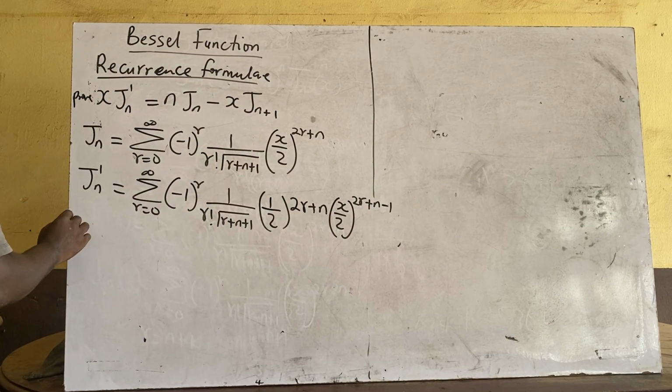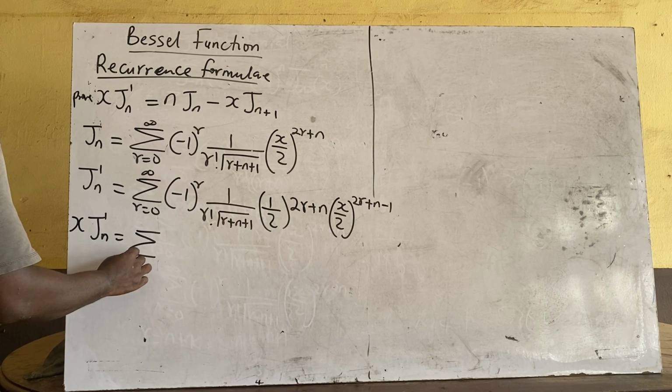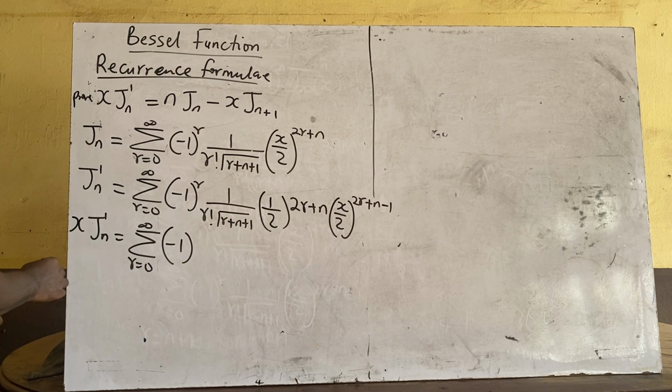If I multiply by x, I'm going to have that x J prime of n is giving us the summation of r starting from 0 to infinity of minus 1 raised to power r, then, okay, I want to multiply by x.